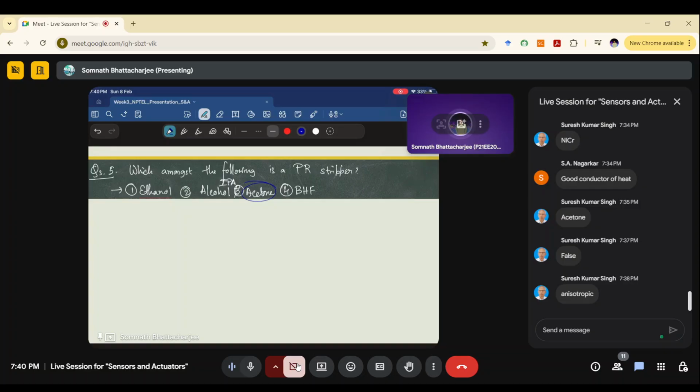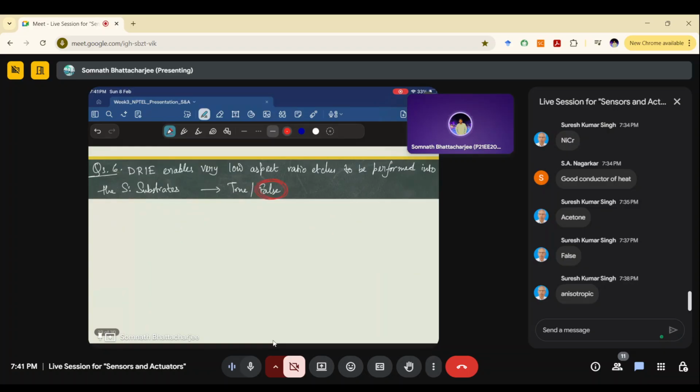Ethanol and IPA both are very mild alcohols, so they are best used as cleaning agents for cleaning, while BHF is a very harsh substance that can be used for etching, even for etching processes of SiO2. So it may even remove the desired layer as well.